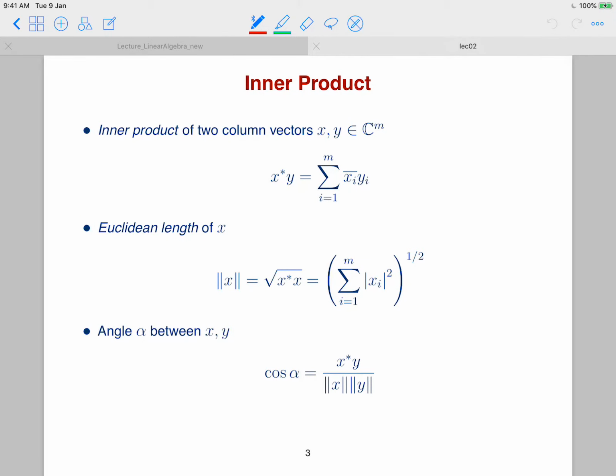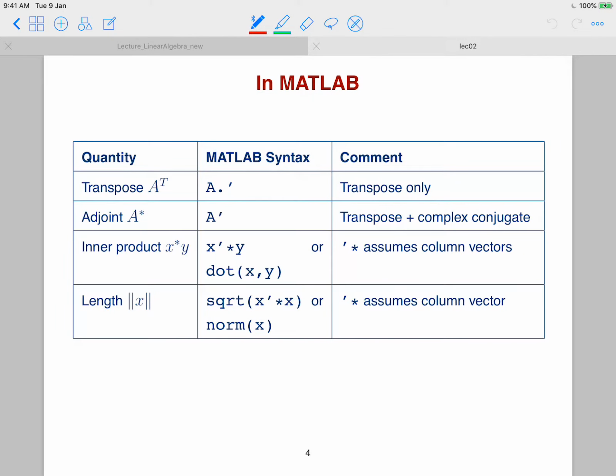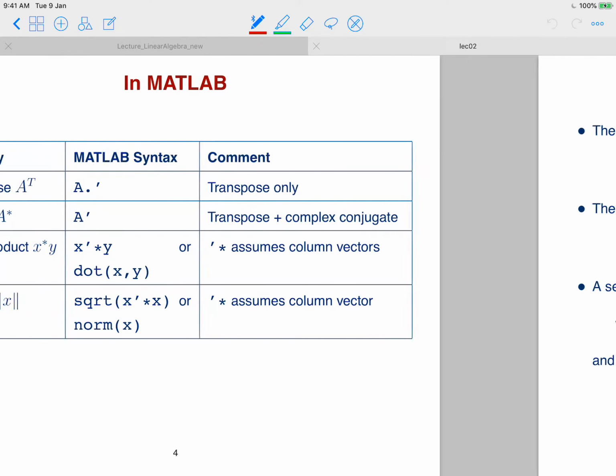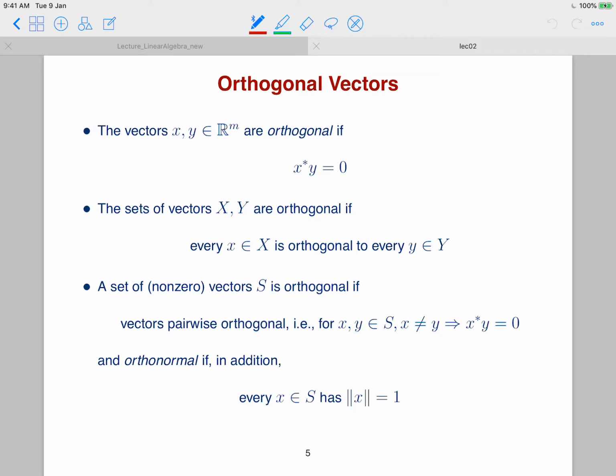And you guys know the inner product and cosine similarity and some notations and orthogonality. So by using this inner product, we say that two vectors are orthogonal if their inner product is 0, right?